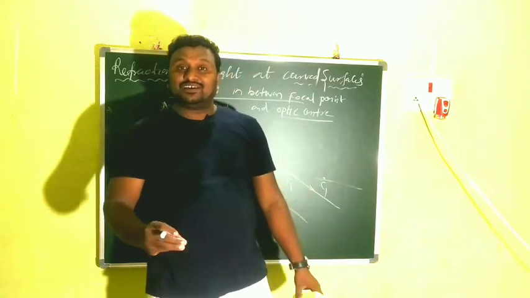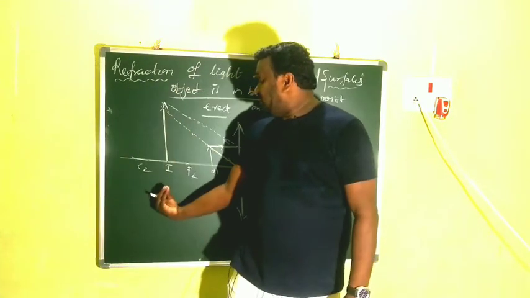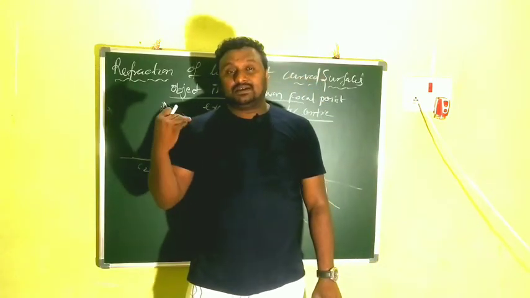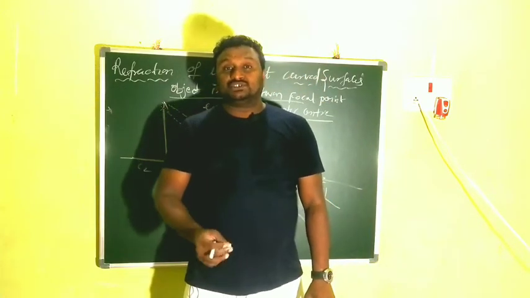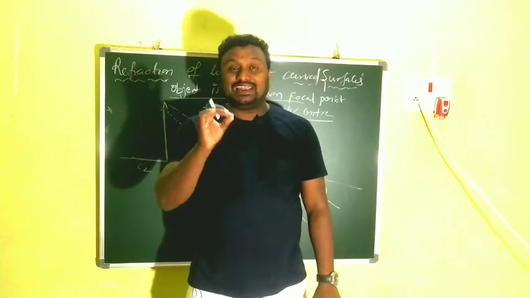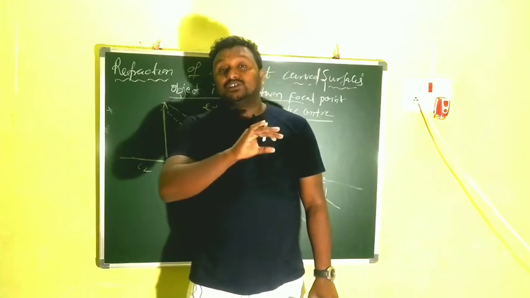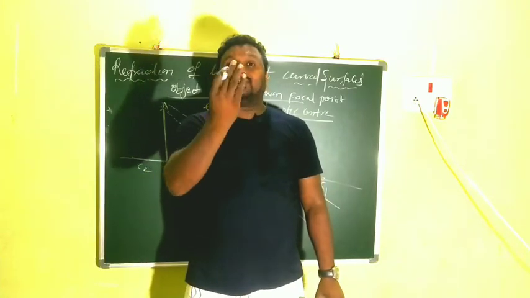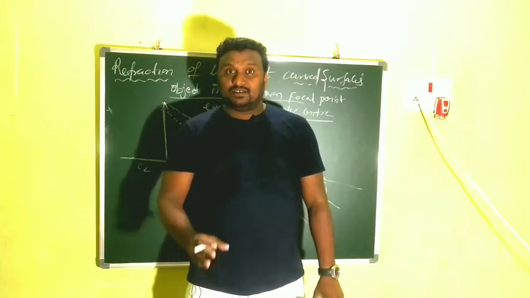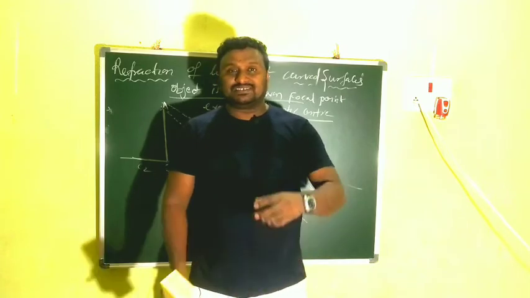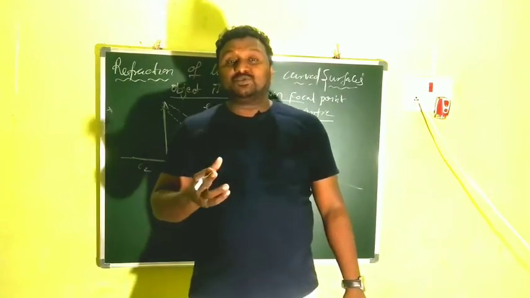Clear? That's why here the nature of image is a visual image, that should be an enlarged and erect image. So the images we are seeing through a lens are all visual images. We are seeing them directly with our eyes. For example, vehicles have side mirrors.